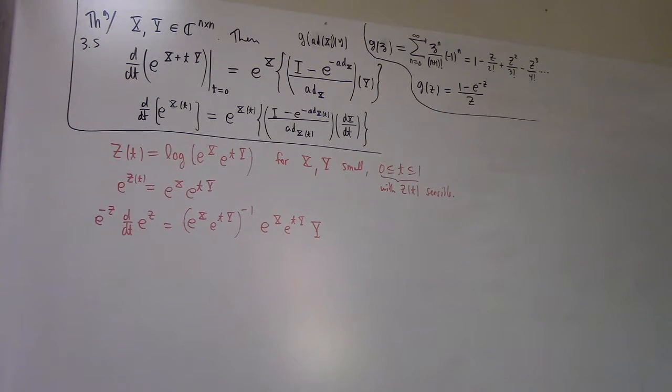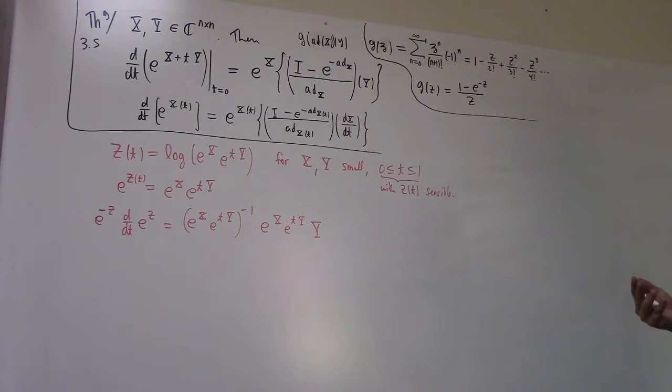You guys will have to help me out. What's that coming from? That's e to the minus z, right? So that's the multiplicative inverse of the exponential of z. Fine, I got that.